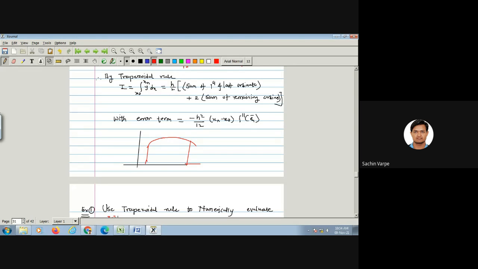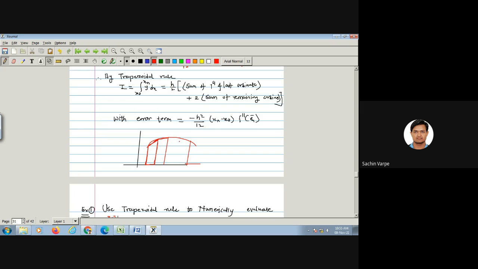Suppose I consider this subinterval, then at the upper edge I'm considering these 2 points only. So this will be the trapezoid, isn't it? And then I'm considering the area of this trapezoid as A1. Then for the next interval at the upper edge, this will be my line.